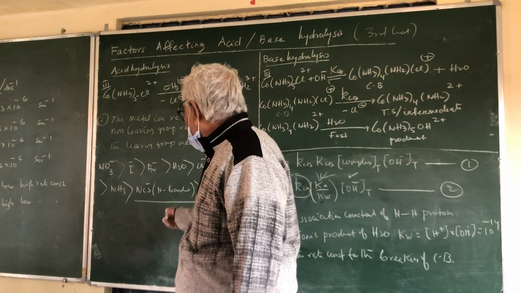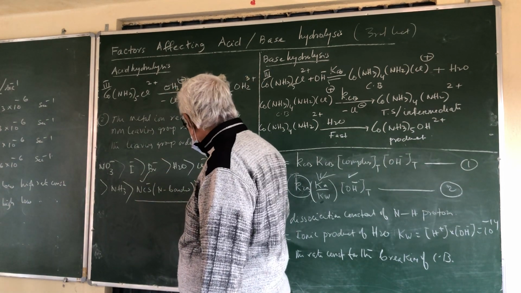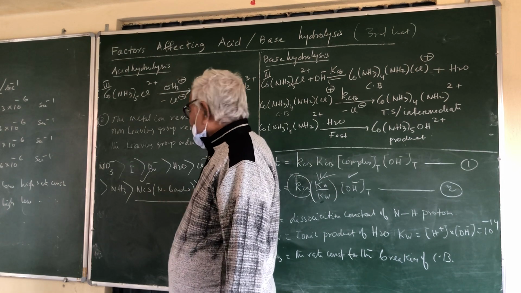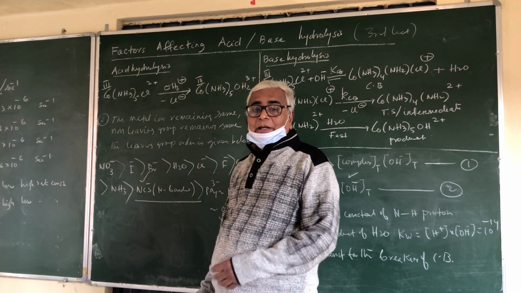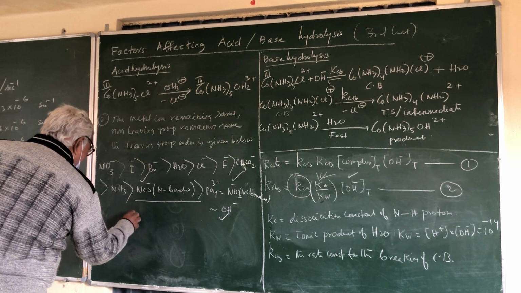Why is the rate slow? These are the leaving groups, and they can form a pi bond with the metal, the cobalt(III) system.